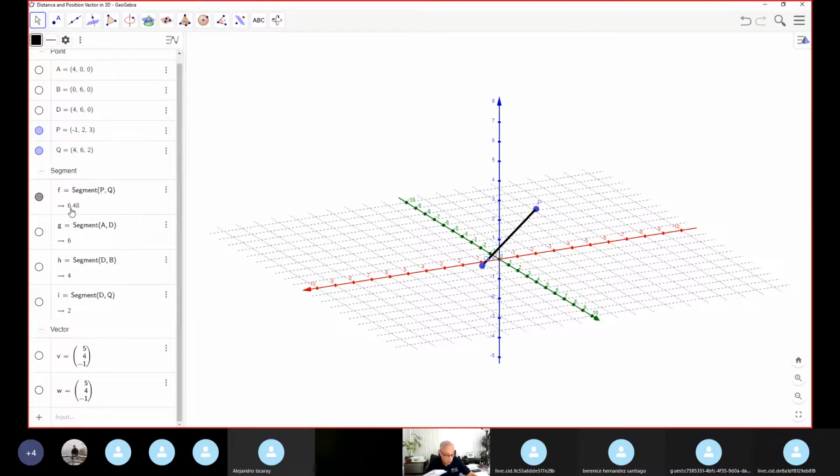I want to take advantage of the distance formula to define a new mathematical object. Okay, look. Wait, again, I want to come back to the whiteboard, guys.